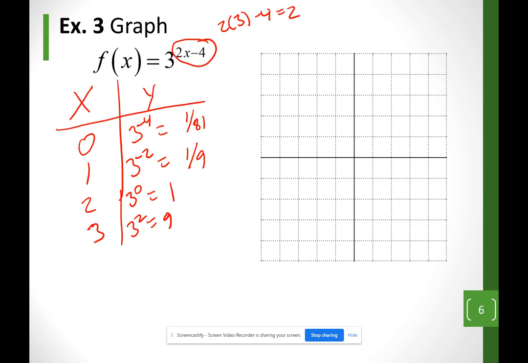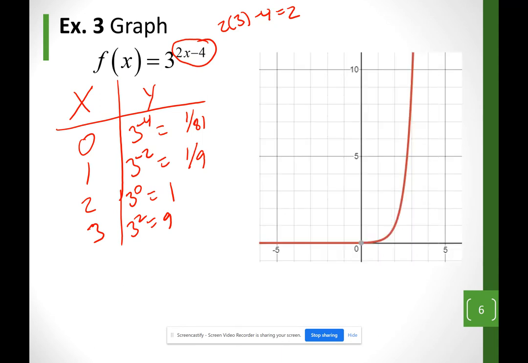Now I have points, so I can graph them. Matter of fact, I'm just going to graph them. One thing: if I had the function f of x equals 3 to the x, you would have said that it will cross at the point 0, 1 and it will go up.